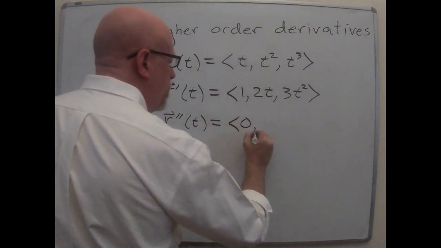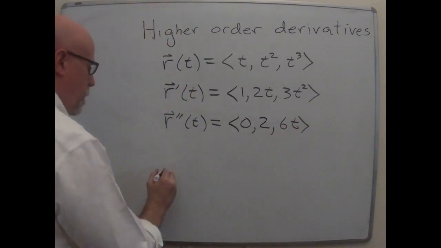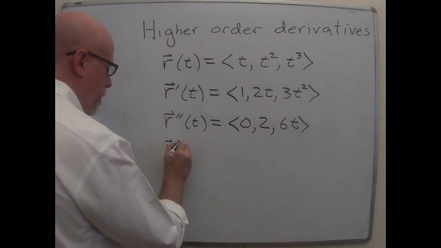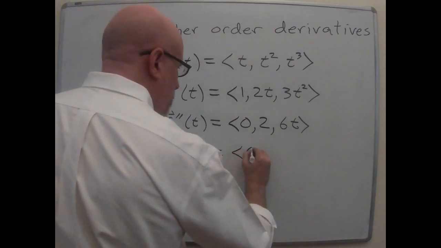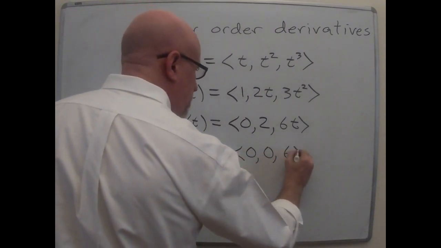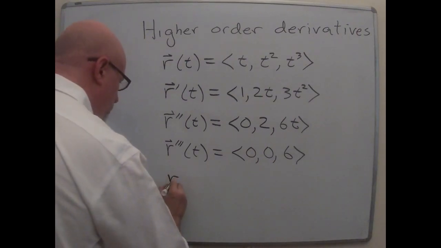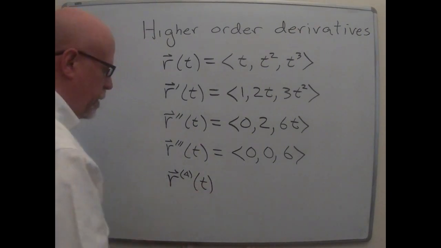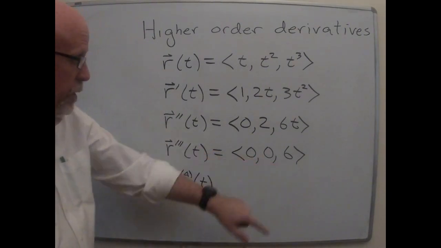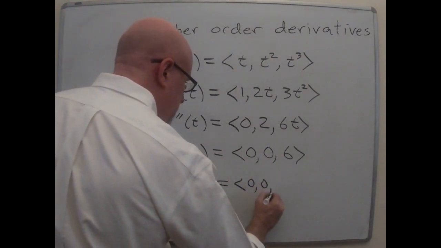That would be 0, 2, and 6t. I could have r triple prime of t, which would be 0, 0, and 6. After about 3 primes, people usually switch it up and just put a number in parentheses up there. So we could have r's fourth derivative, but that's actually not very interesting here because what is it going to be? We've got a constant vector for the third derivative, so we're going to get a 0 vector for the fourth.